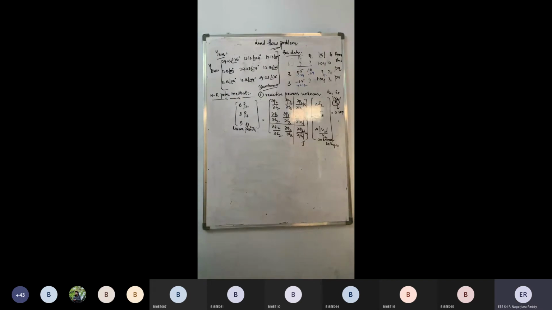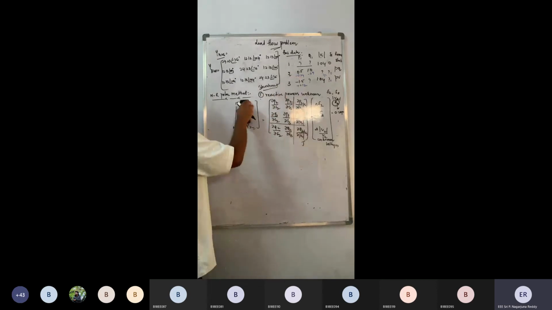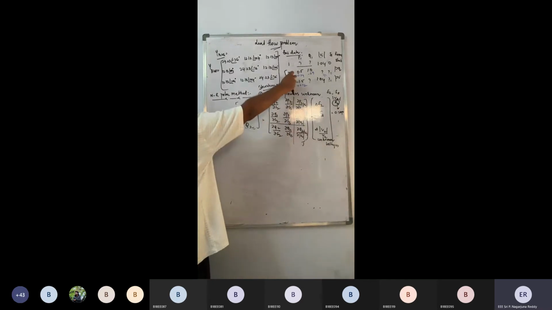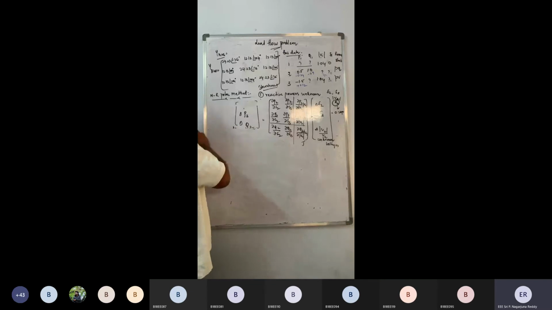And here I am slowly eliminating, step by step, the values which are known to me. Delta P2 is given as 0.5, but I have got it as minus 0.24. So what is the change, given minus calculated? 0.5 minus of minus 0.24. Isn't it? So its value is somewhere around 0.74.